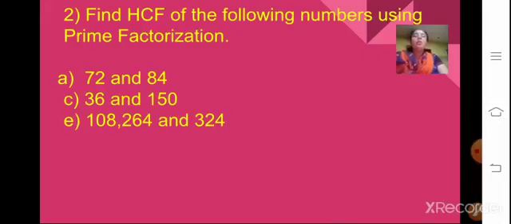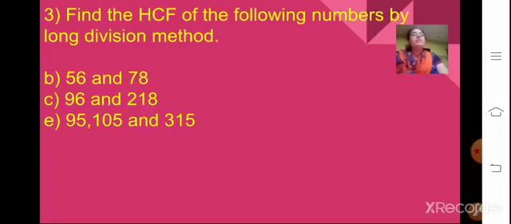Today we did two methods of finding HCF, the prime factorization method and the long division method. So this sum is based on finding the HCF using the prime factorization method. And the third question is, you have to find the HCF of the following numbers by the long division method.